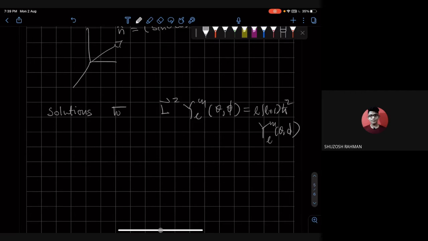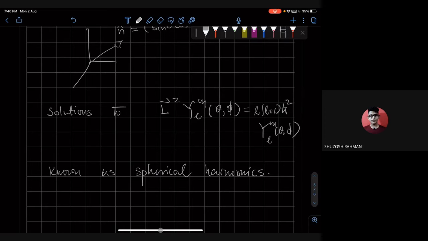These are known as spherical harmonics, and they are to problems with spherical symmetry what the momentum eigenstates are to problems in which the Cartesian coordinate system is more appropriate.